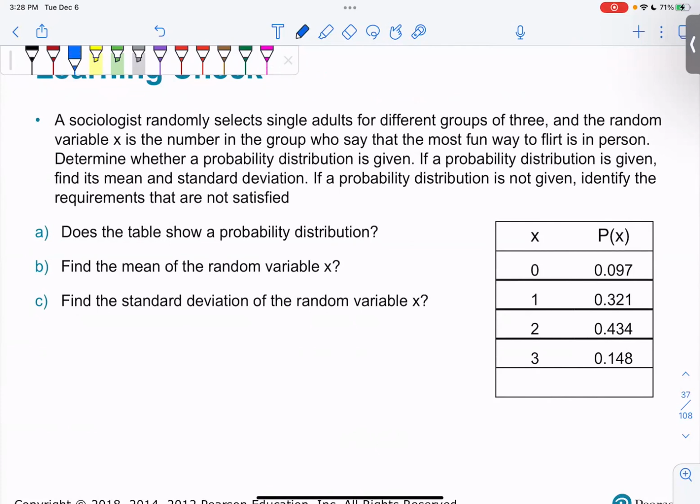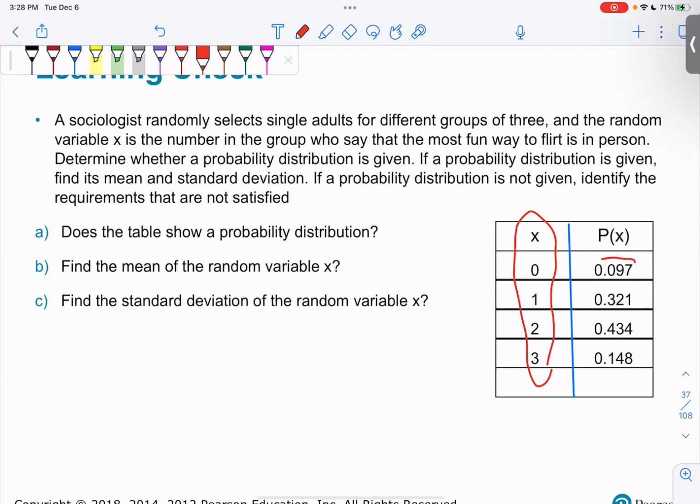So now let's see this question. Okay. So for this one, A, does the table show a probability distribution? Is it a probability distribution here or not? The 3 requirements. I see number 1 and number 3 are clearly okay, right? Because we have numbers here, all numerical, which is the first requirement.